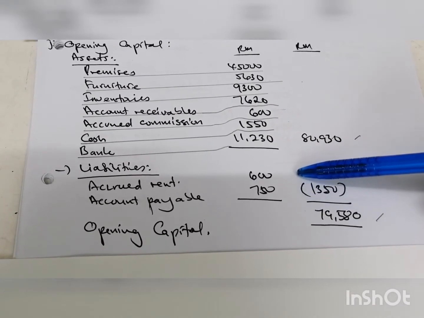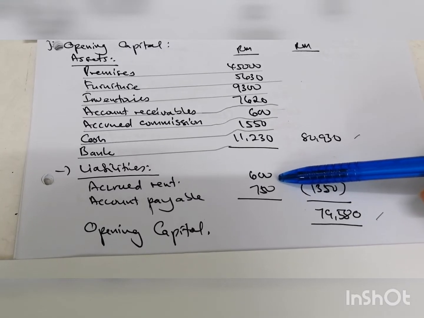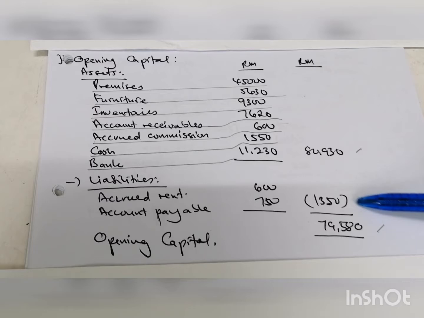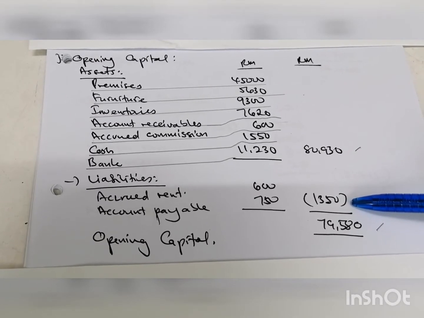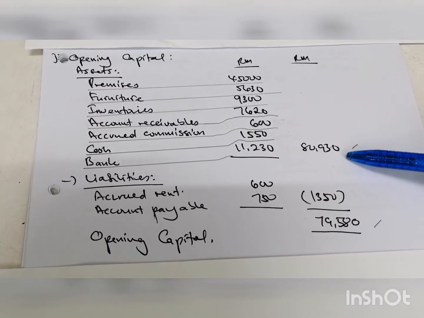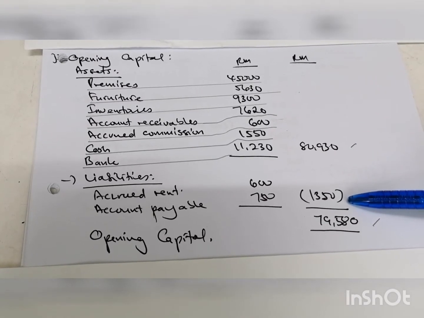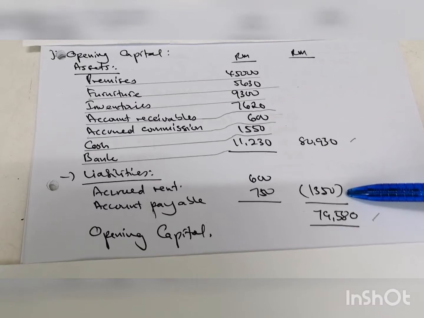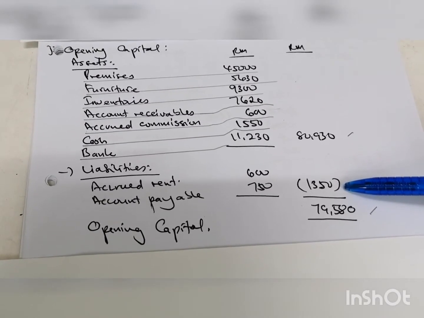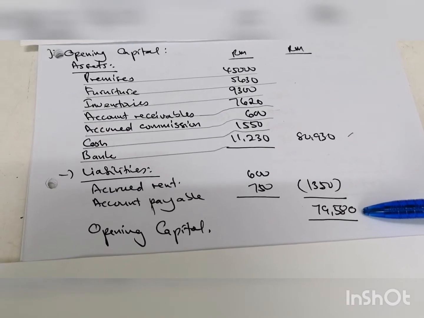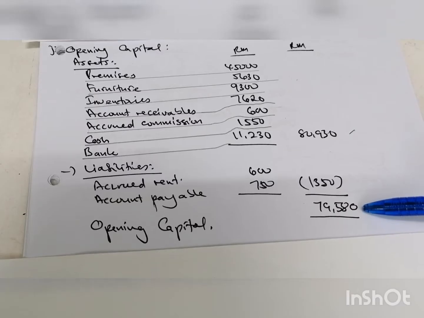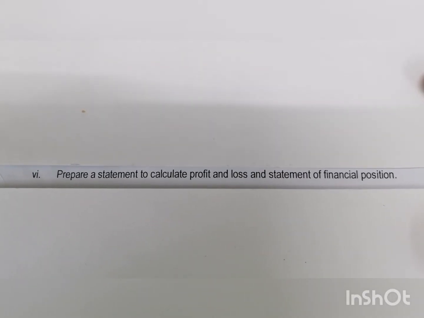About the liabilities, we have accrued rent 600, accounts payable 750. So total is 1,350. So this is assets 80,930 minus liabilities 1,350. So we get our opening capital of 79,580.